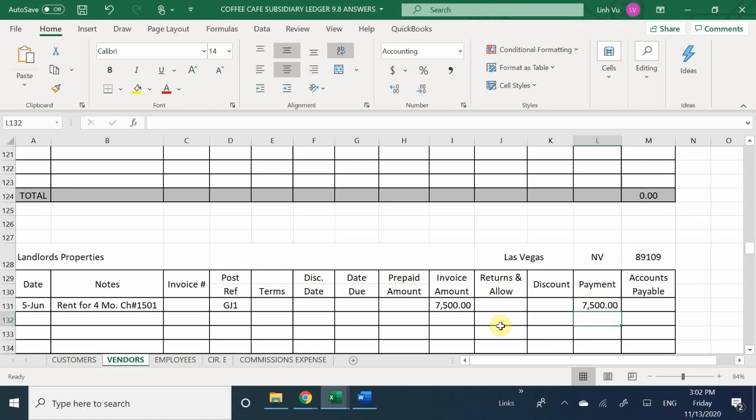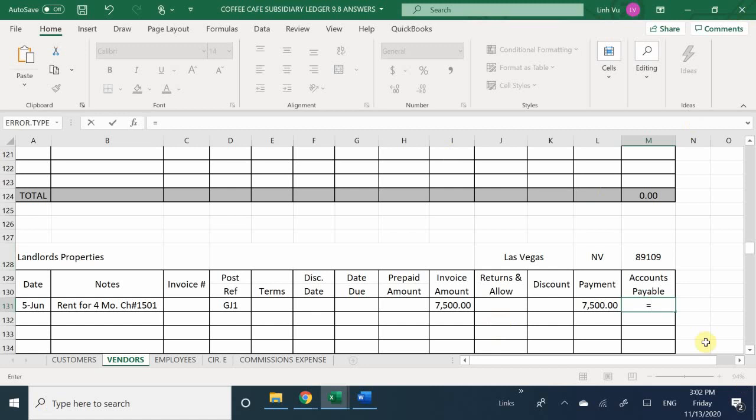So, with that being said, how the accounts payable column is going to work is you're going to have a formula. So the formula is going to be your equal, right? You want to get your formula started. You need to start off with your invoice amount. Okay, so whatever your bill is for.